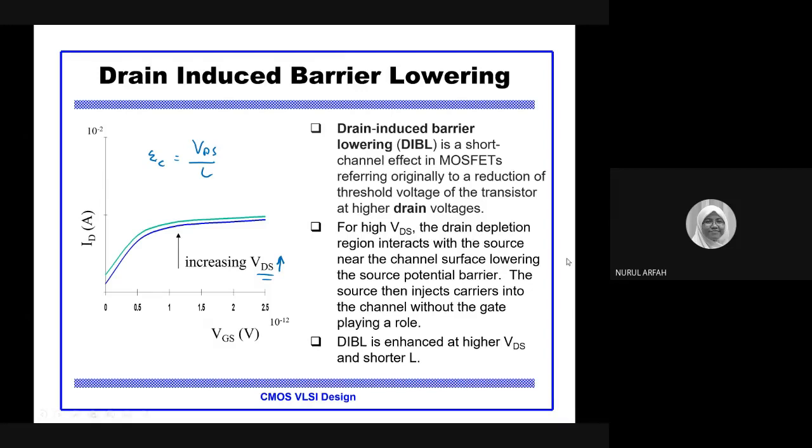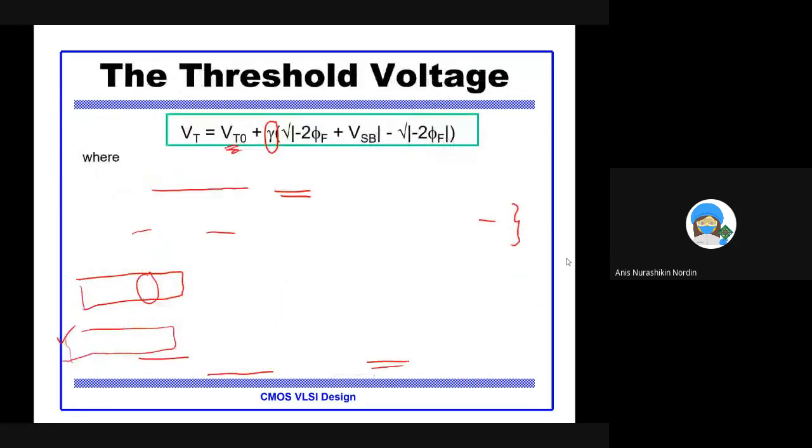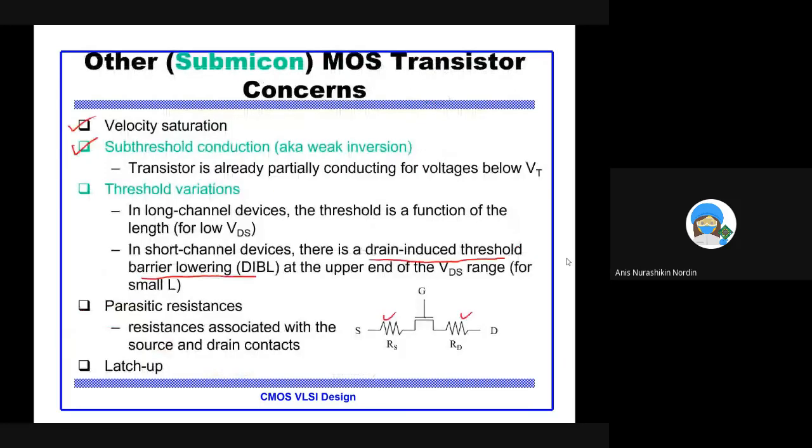Any question? Everybody okay with drain induced barrier lowering? So the only important thing that you need to know is that for the short channels, the threshold voltage is lower at the higher voltages.